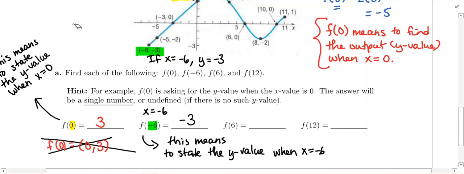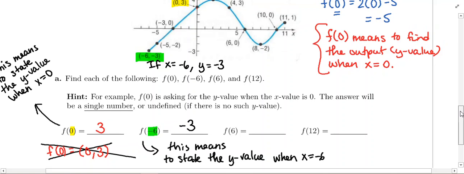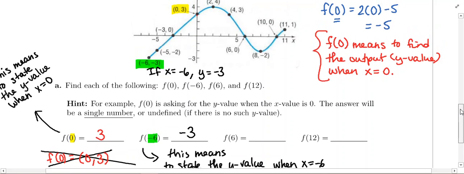So the answer here is going to be strictly -3. Again, do not give me the ordered pair (-6, -3). These other two that we have remaining in part A should be done similarly.